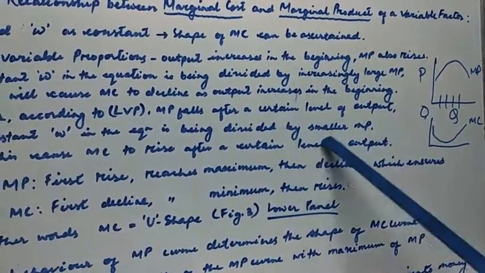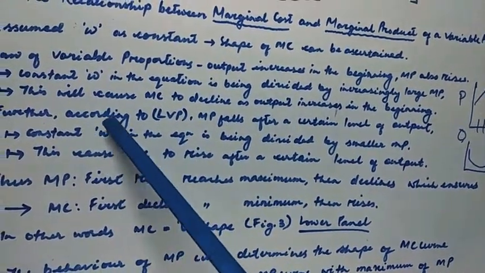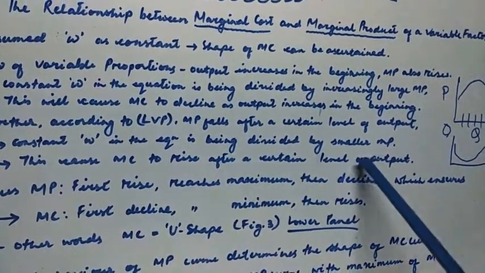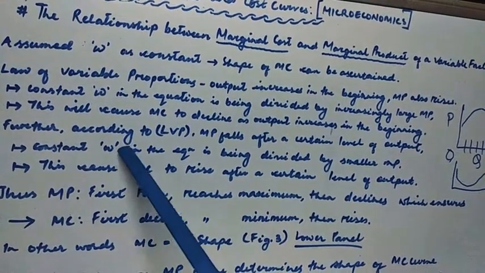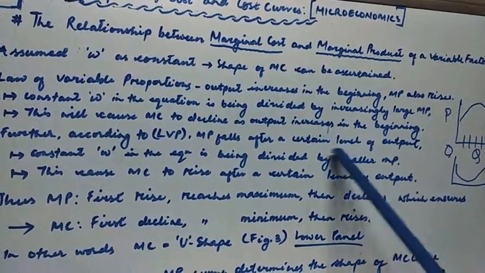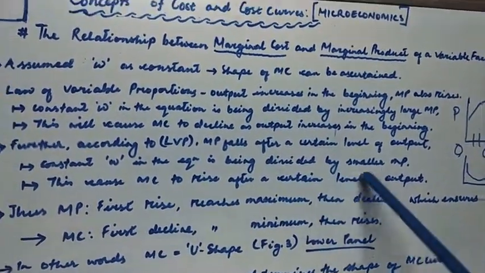And when this smaller MP is dividing the constant W, this will cause MC to rise after a certain level of output.